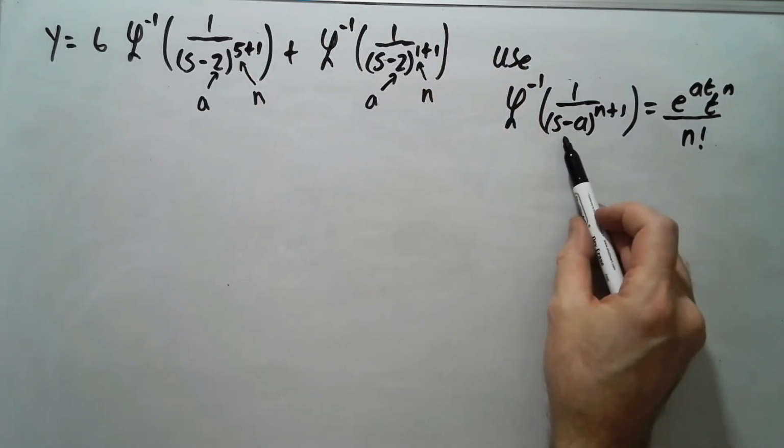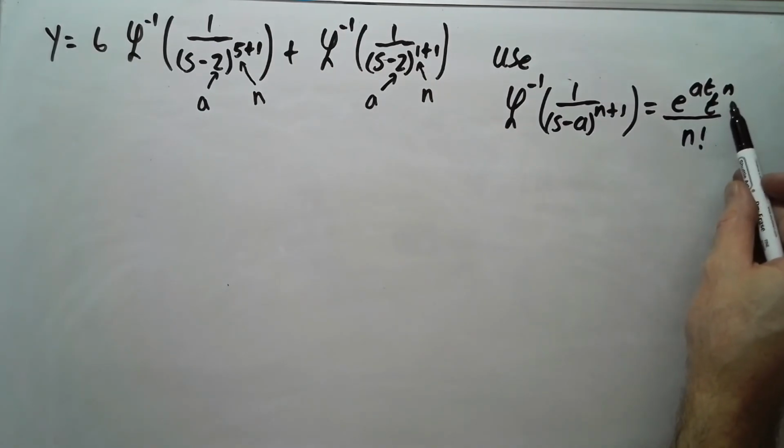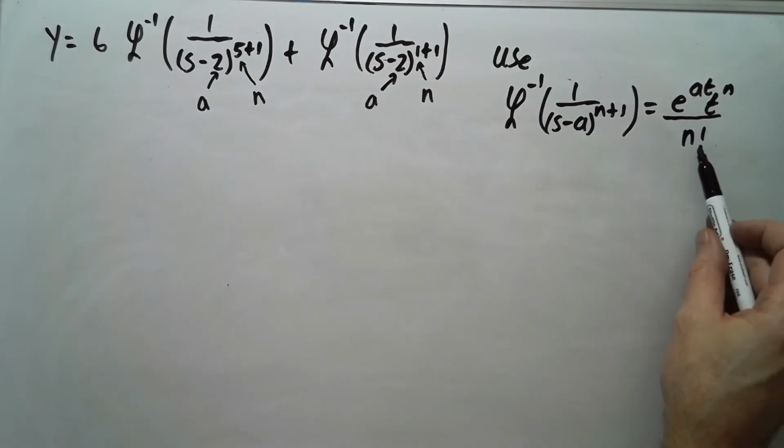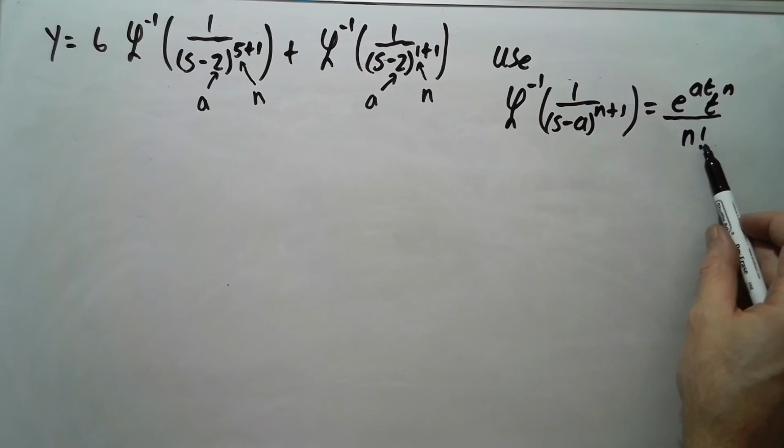So the first one would be e to the 2t, t to the 5 over 5 factorial, and the second one would be e to the 2t, t over 1 factorial.